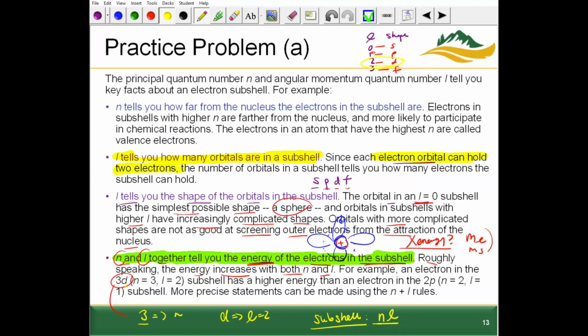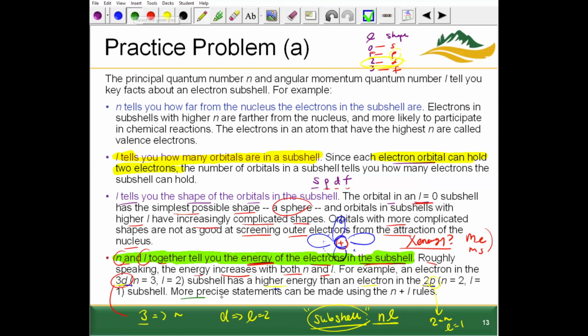So a number here and a letter here describes what we're calling a subshell. The 3d subshell has a higher energy than an electron in 2p. 2 is our value for n. p here must mean that l is equal to 1. So comparing 3d to 2p, an electron in 3d has a higher energy than an electron in 2p.